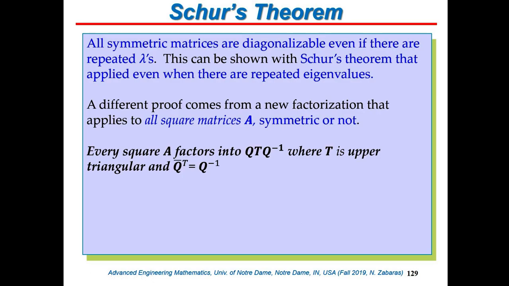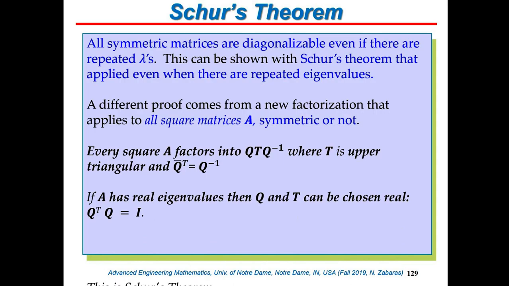If A is a symmetric matrix S, you can write T as Q transpose S Q. You can just take Q and Q transpose to the other side and identify what T is. Then, using the fact that S equals S transpose, you can prove that T is equal to T transpose. But T is upper triangular, so it basically has to be a diagonal matrix.